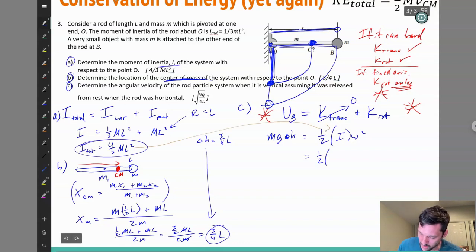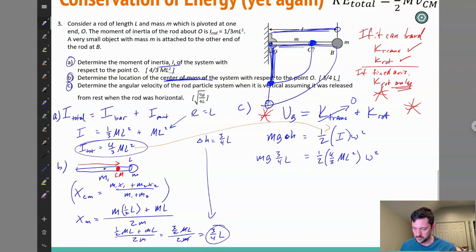So 1/2 of 4/3 ML squared times omega squared. So we've got mg delta h, which I'll plug in now. So delta h was 3/4 L.